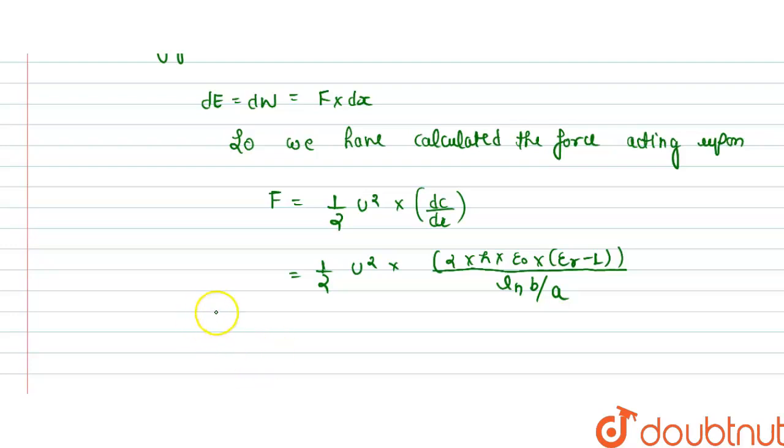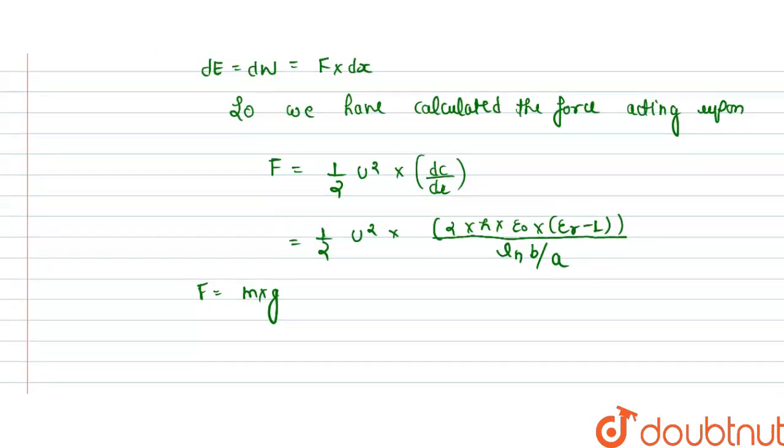So we write F equals m into g. Putting all these values in, we get pi into (B square minus A square) into rho into g into h.